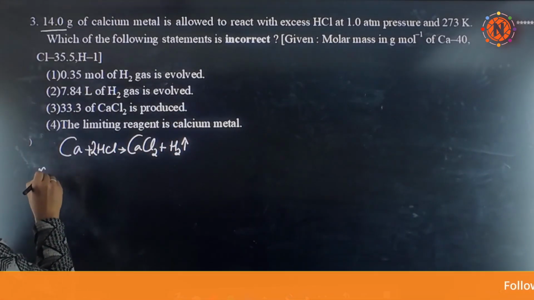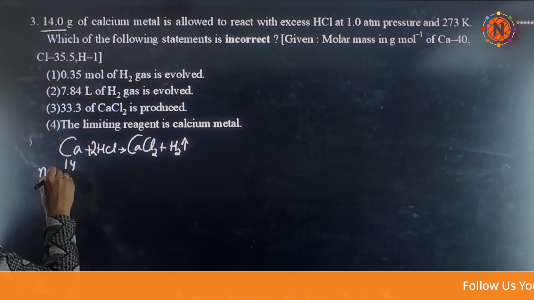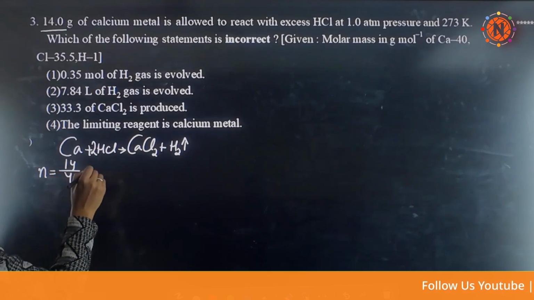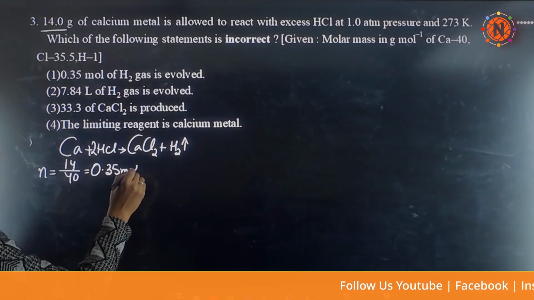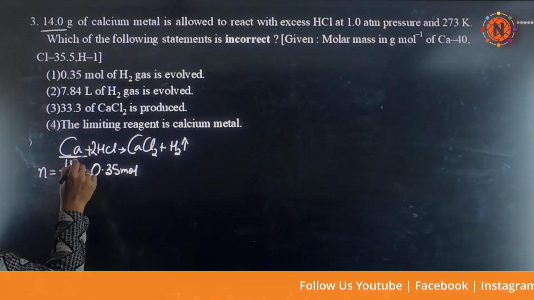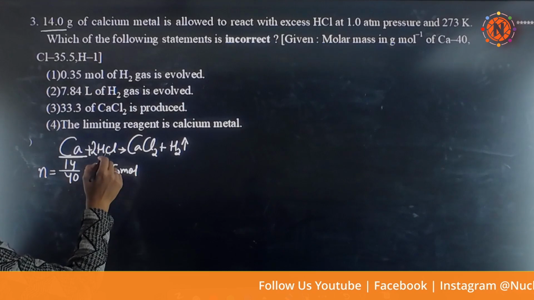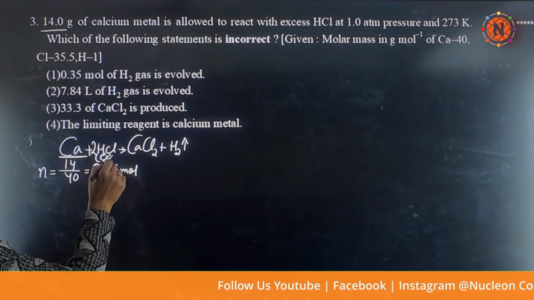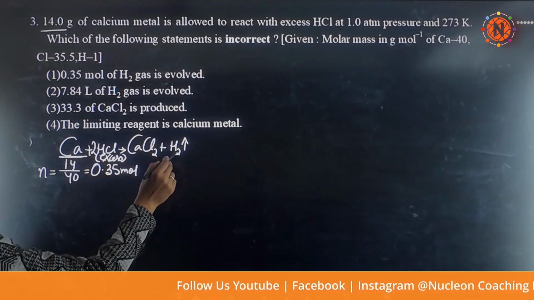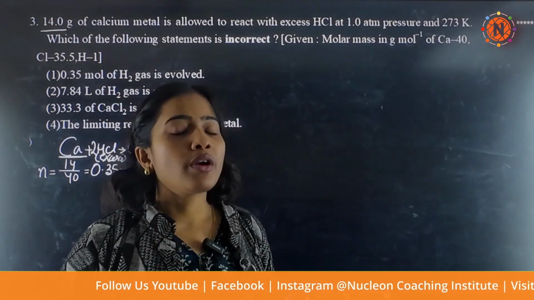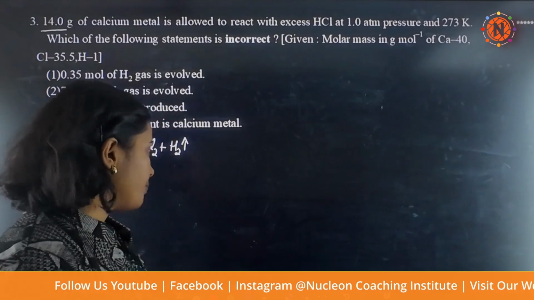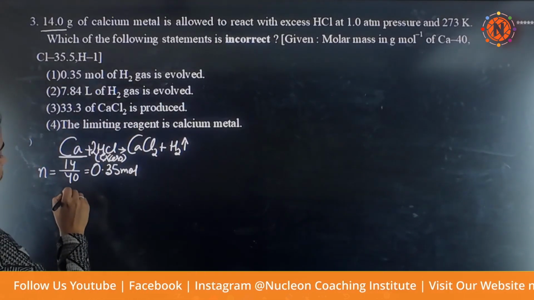It will be n equals 14 by 40, that is 0.35 mole, which says that 0.35 mole of calcium reacted with HCl that is present in excess and gave us calcium chloride and hydrogen. So how many moles of calcium chloride and hydrogen gas will be evolved? We will see that.